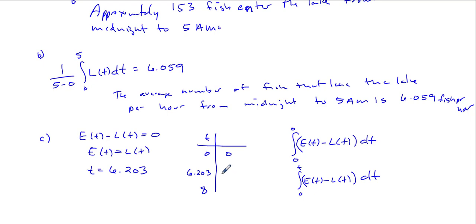Real quick, will you figure out the number of fish in the lake at this time value and then at 8 also? And what are we getting for the first one? 135.014. Or 135.01, I think, if we round it.